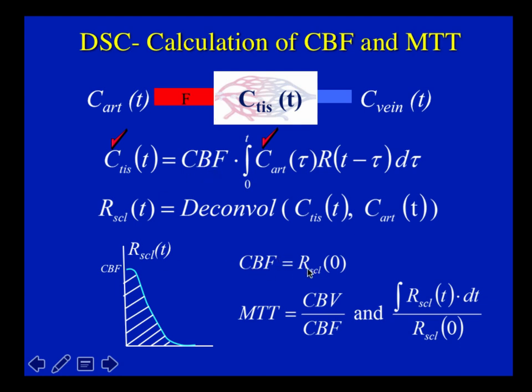So the CBF can be estimated as the amplitude of the function that we obtained following deconvolution. And we know that the CBV was estimated in the previous slide. So we know that mean transit time is the ratio of CBV to CBF. So now we have a framework to calculate all three parameters of interest.